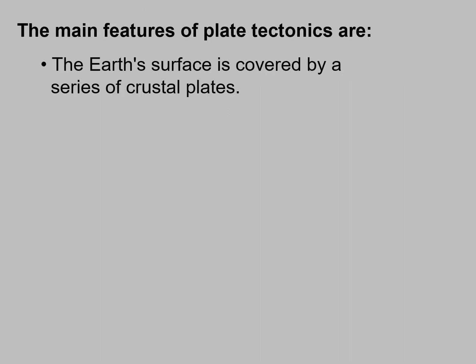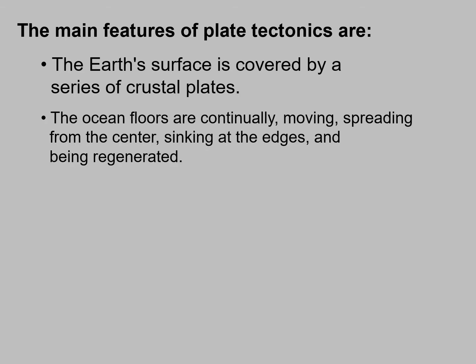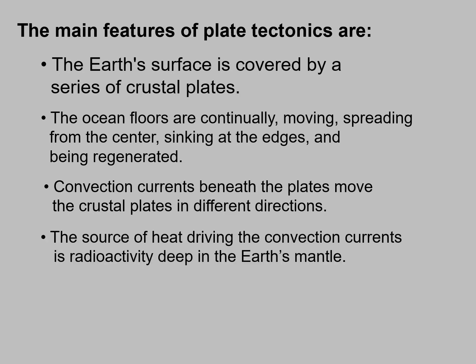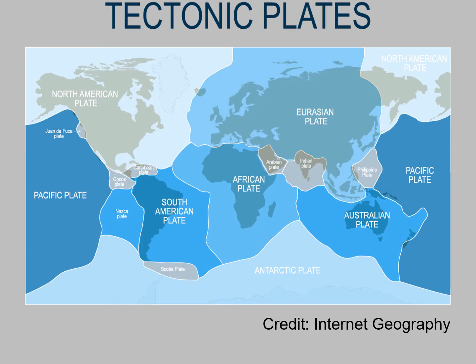The main features of plate tectonics are, 1, that the Earth's surface is covered by a series of crustal plates. 2, the ocean floors are continually moving, spreading from the center, sinking at the edges, and being regenerated. 3, convection currents beneath the plates move the crustal plates in different directions from each other. And 4, the source of heat driving the convection currents is radioactivity deep in the Earth's mantle. Here is a picture of the tectonic plates across the world today.